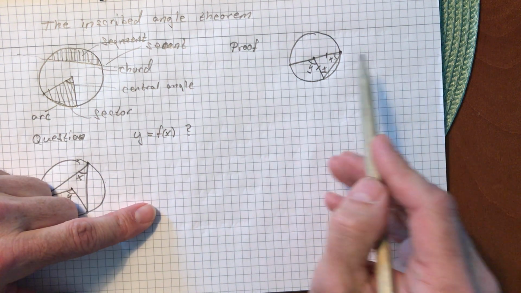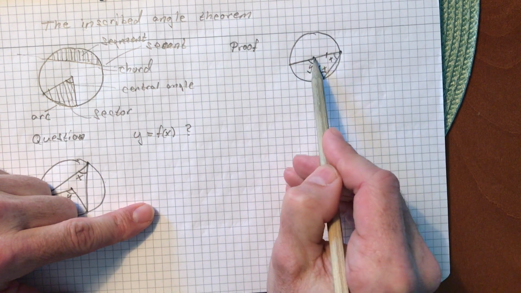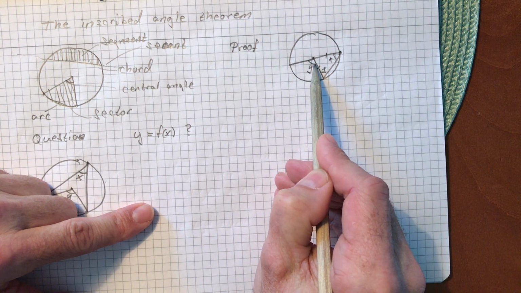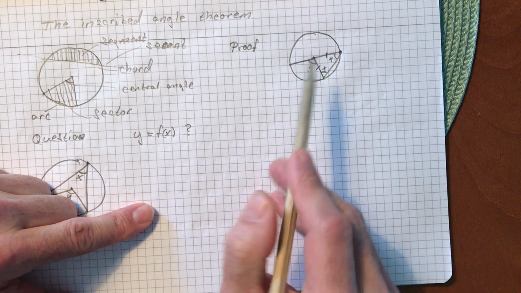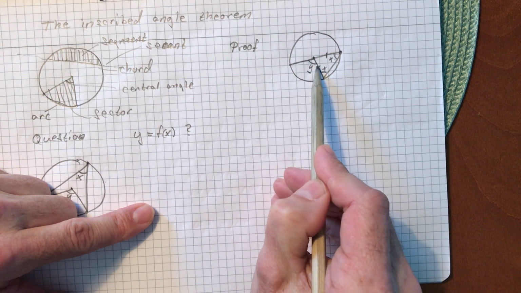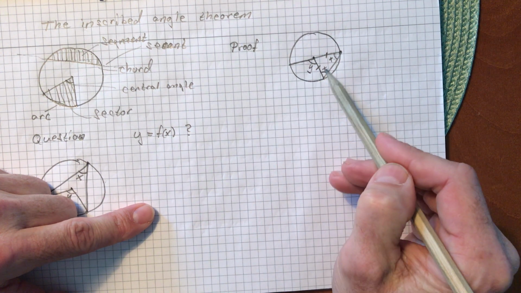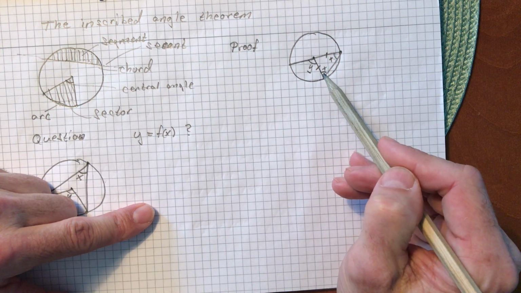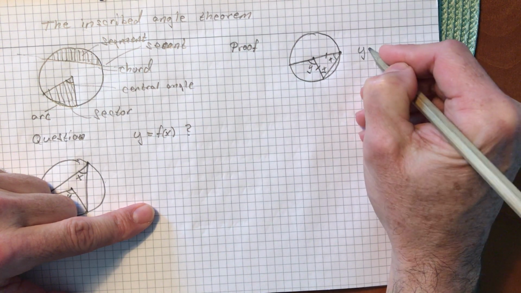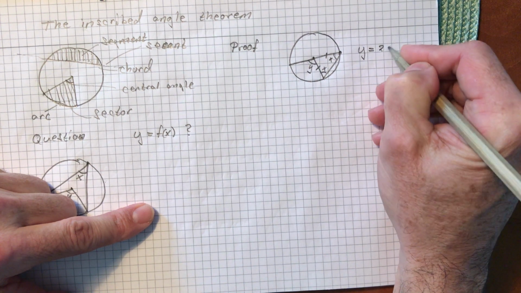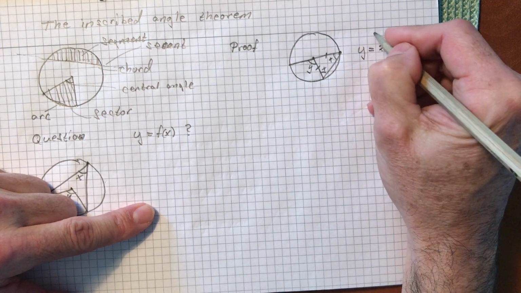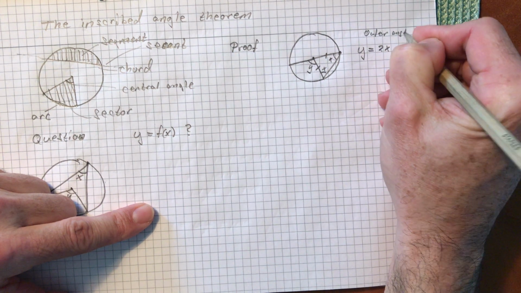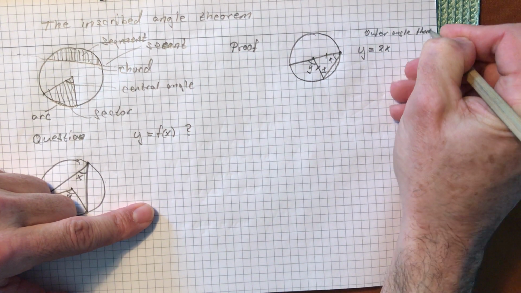Now you remember that we have a triangle like this, and this is an outer angle. There is a theorem that says that the outer angle is equal to the two angles inside the triangle when you add them. So y is equal to 2x according to the outer angle theorem.